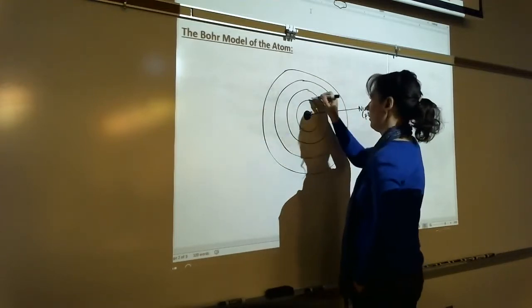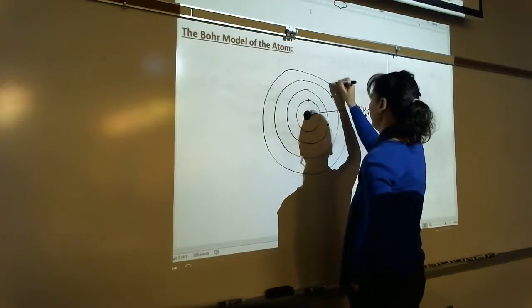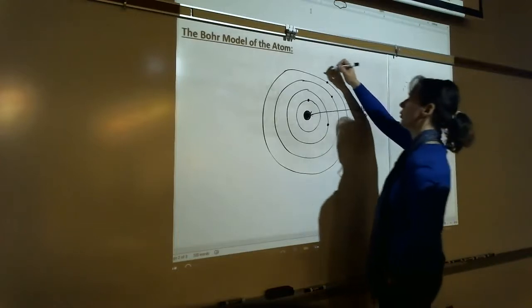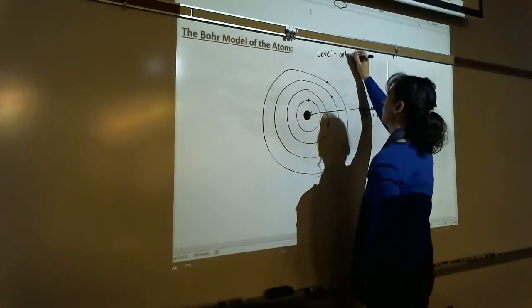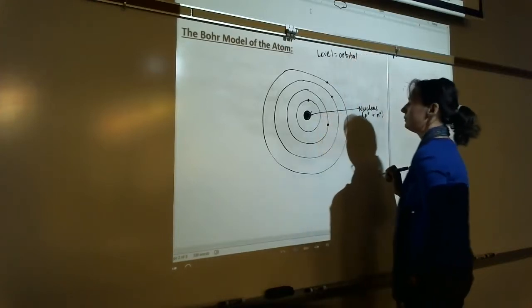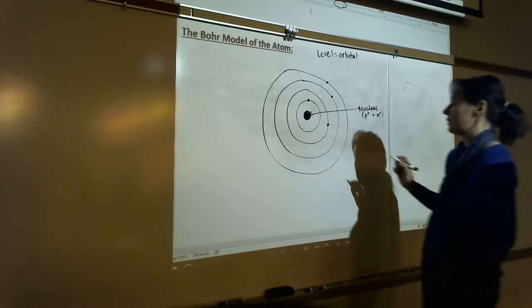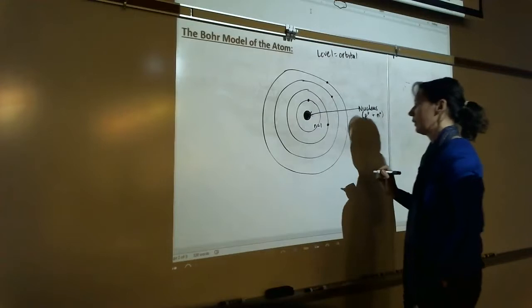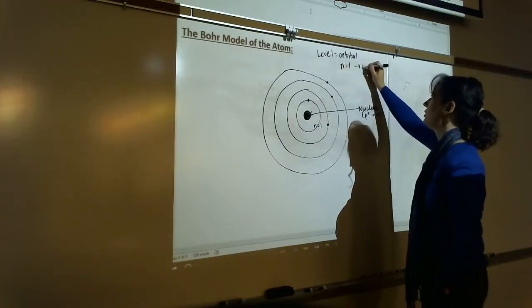And so here would be an electron, electron, electron, electron. Each level is called an orbital, and each orbital has a number associated with it. So this first one is called n equals 1. The n equals 1 orbital is called ground state.